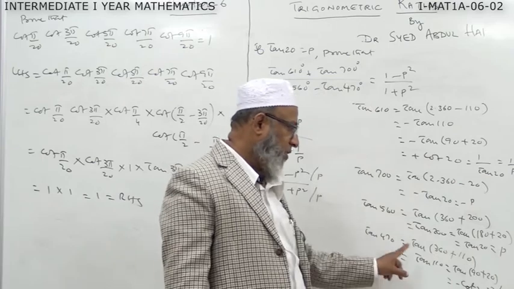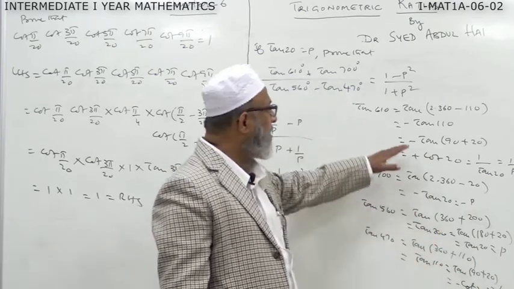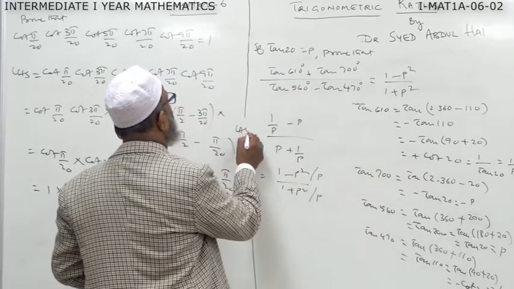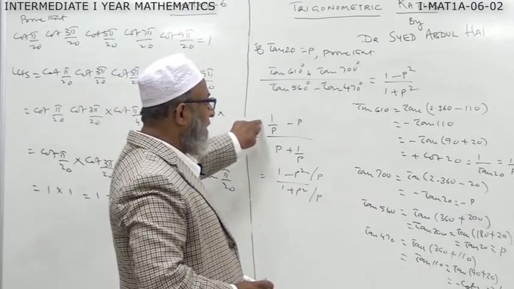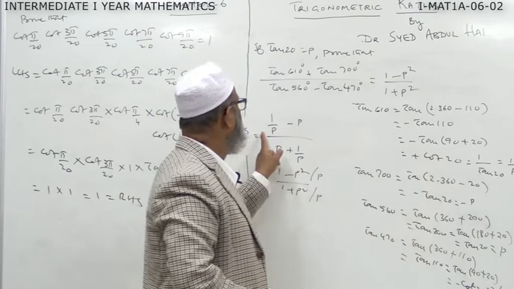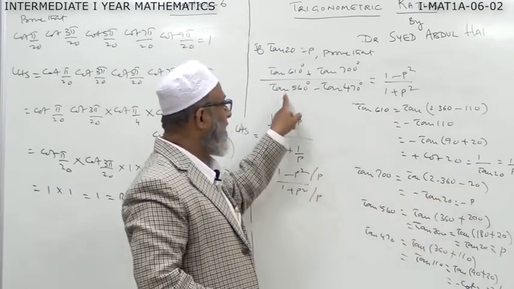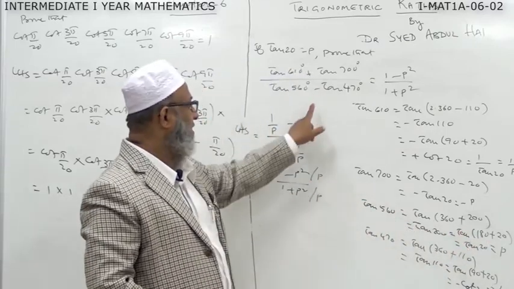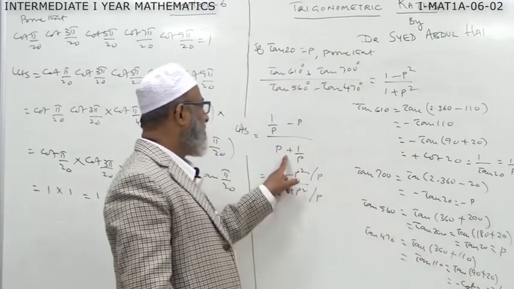Tan 470 is equal to minus 1 by P. On simplifying all these values, I am substituting into the LHS. Tan 610 is 1 by P, tan 700 is minus P, tan 560 is P, and tan 470 is minus 1 by P, so minus times minus gives plus.